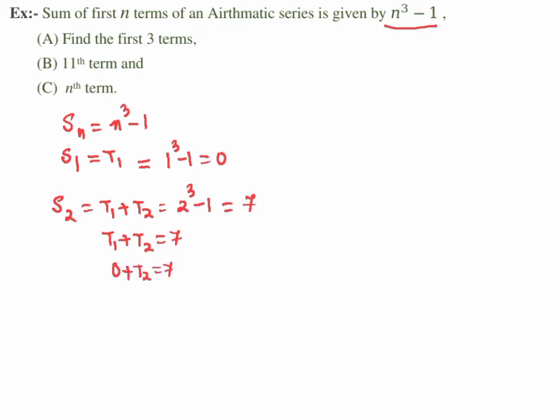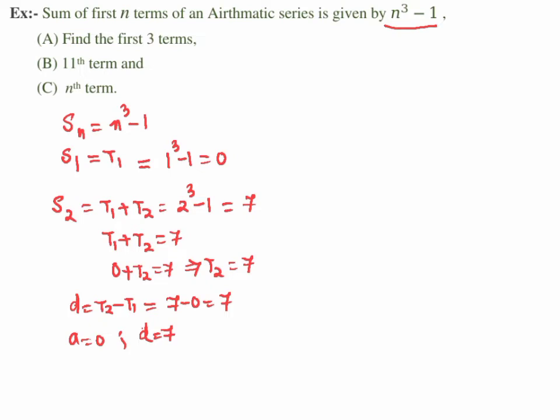So T2 equals 7. So you will get the common difference D, that will be T2 minus T1, equals 7 minus 0 equals 7. So now you got A equals 0 and D equals 7.